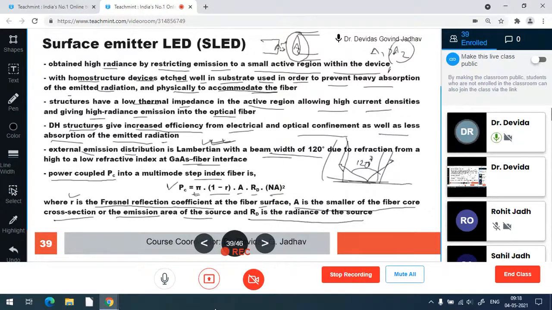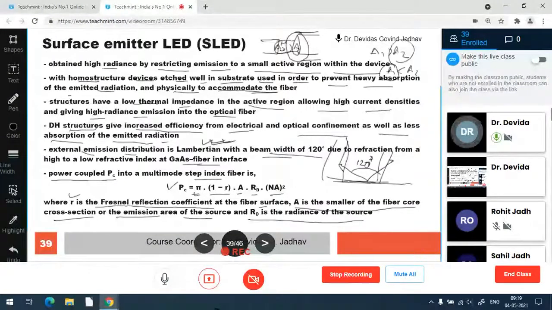If A1 is lesser than A2, then A1 is taken. Why the lesser area? Because suppose the LED area is A1 and it is radiating optical energy, and the fiber area A2 is higher, then it can cover all the area. So the area of radiance is A1.